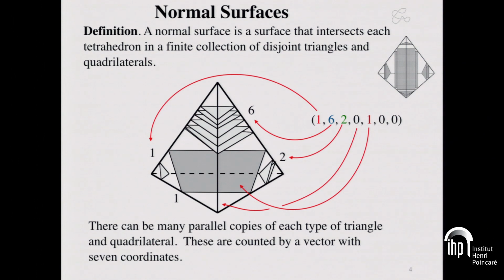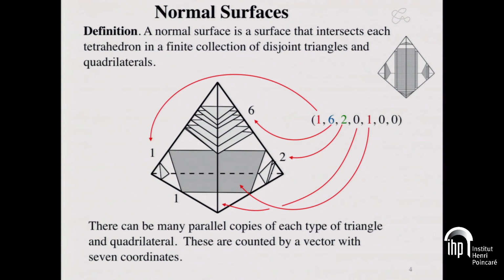So just as with curves, we can associate vectors to these normal surfaces, which count how many of each disk type they have. So for the example here, we see this particular vector. There's going to be 7 coordinates for every tetrahedron, because there's 7 possible disk types. And this integer vector will just count how many of each disk type there is. So here we see there's 1 quadrilateral. That's counted by the 5th entry, the red one over there.